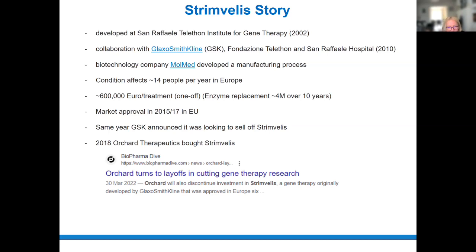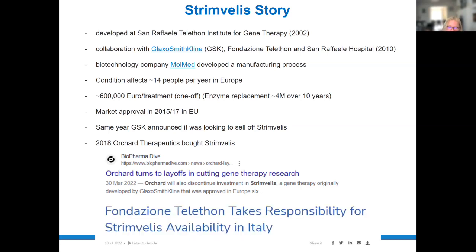And thankfully, a not-for-profit organization, the Fondazione Telethon in Italy, has taken responsibility for making Strimvelis available via links to Italy. But this is really quite a sad situation where a not-for-profit organization now has to step in to provide a drug for an ultra-rare disease.